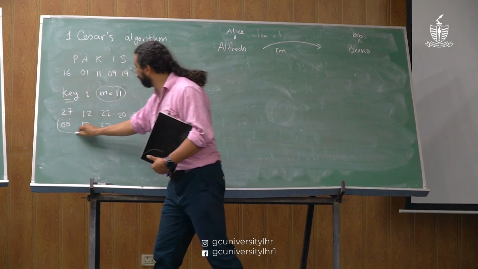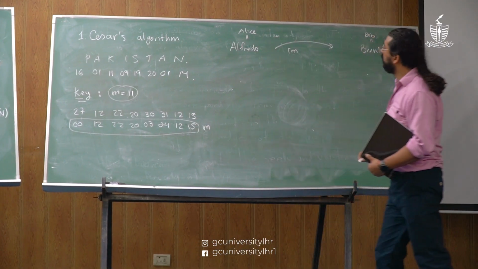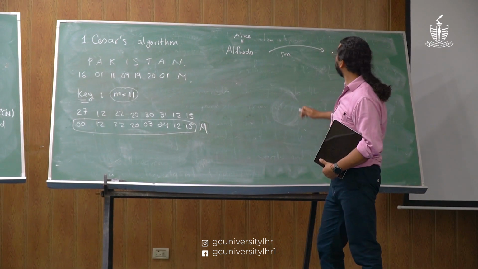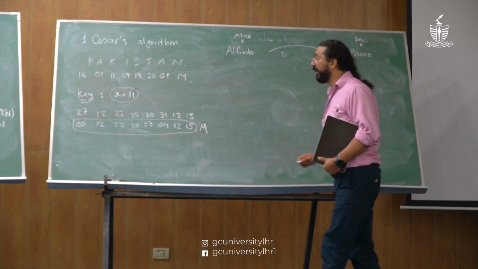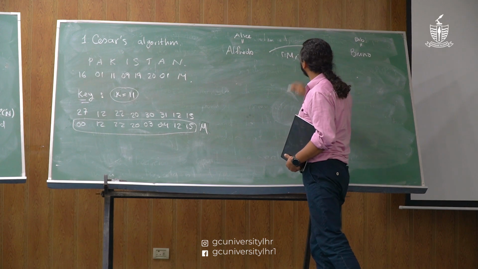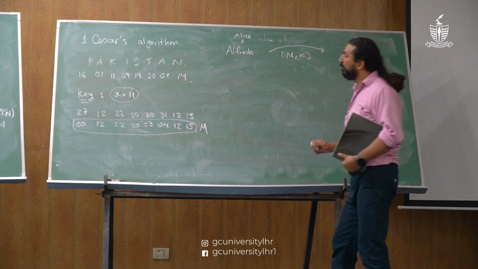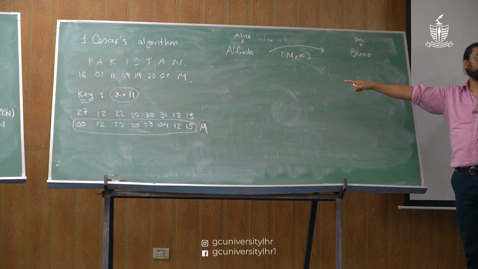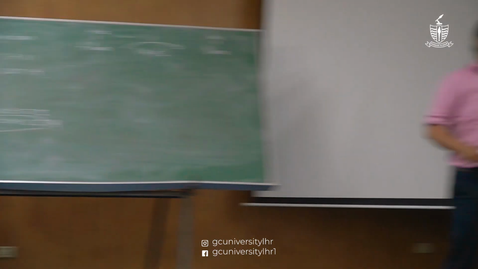This will be the message, a big M. And here I will put key, K of key. Okay? So he has to send the message and the key. So that's the information that Bruno needs to decipher that message.